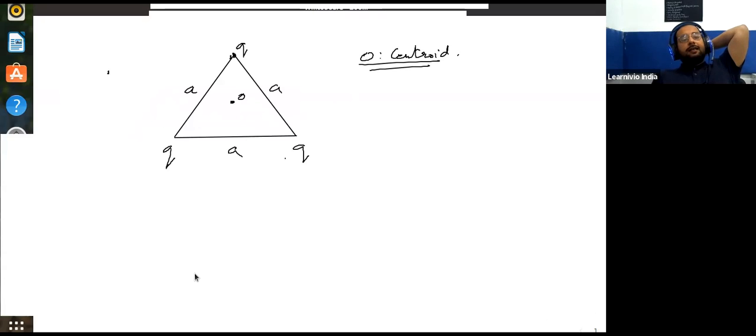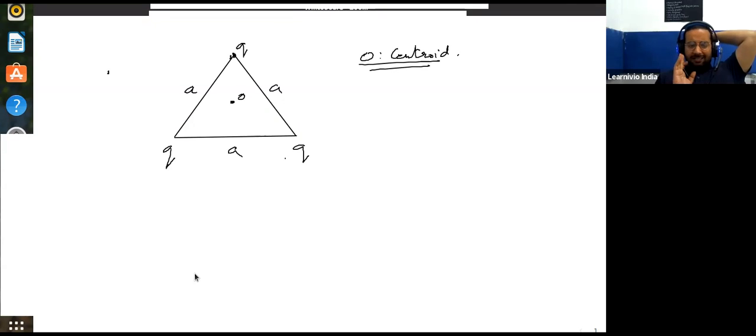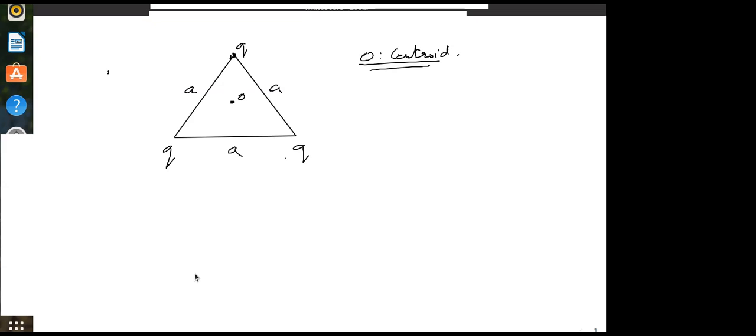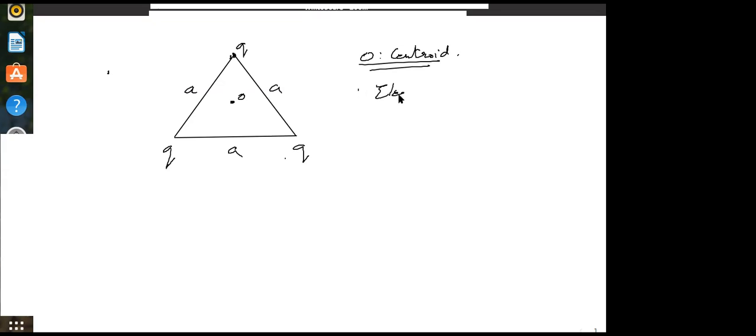Can you give a direct argument of whatever the answer is going to be without actually going ahead and solving it? We have to find the electric field at O. The distances are going to be the same, and the charges are also the same.